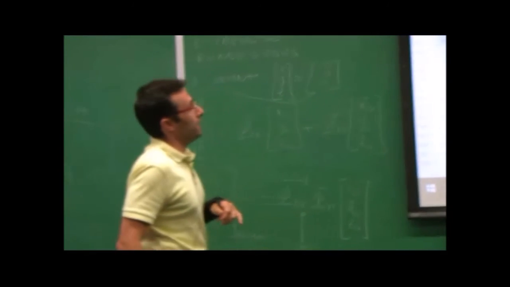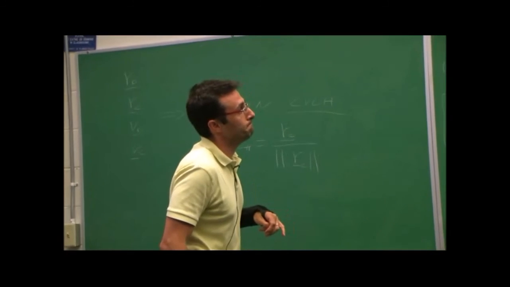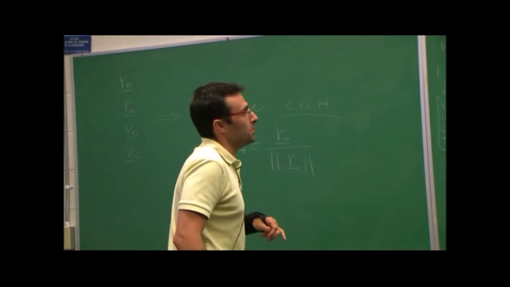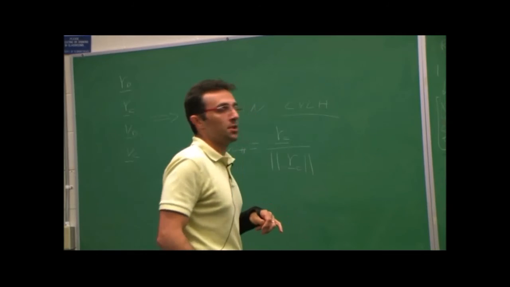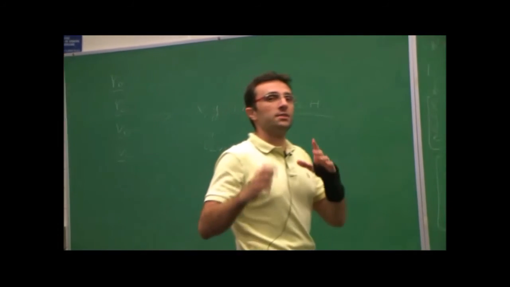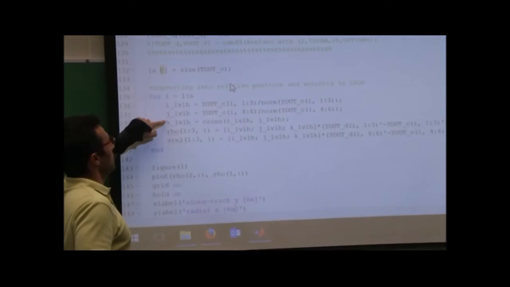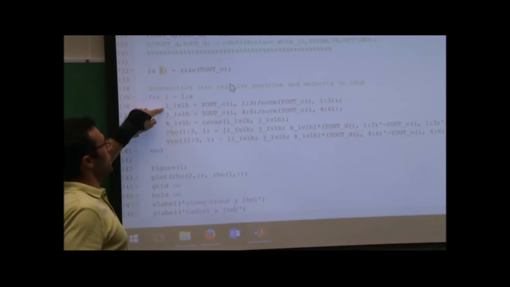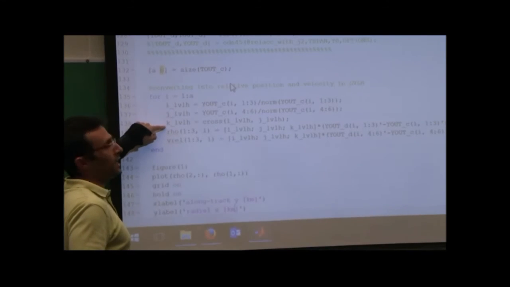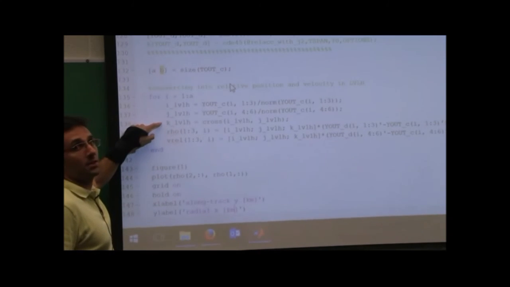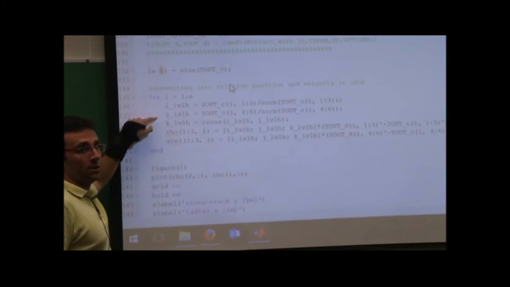The J LVLH, it's kind of an abuse here, but I do know that it's in circular orbit. So the way I'm doing it here is not the best. I would probably first compute the angular momentum of the satellite, define k in the direction of the angular momentum, and then cross the k with the I to get the j.